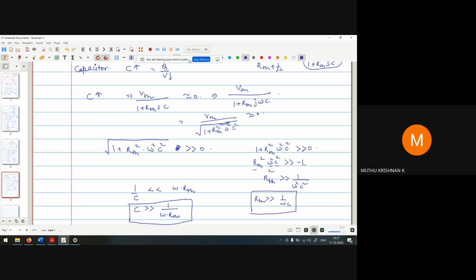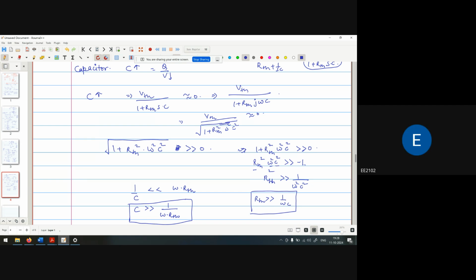Sir, in the lecture, I think the professor has used directly the square root of 1 plus RTH square omega square C square is greater than 1 instead of 0. Where, sir?